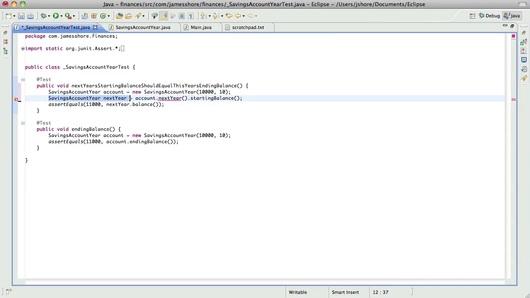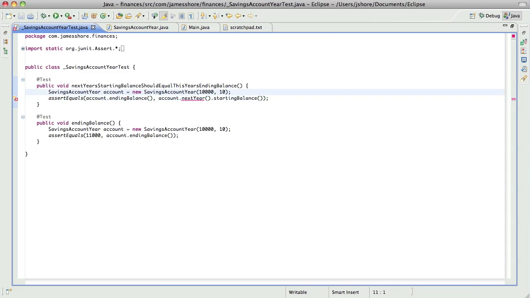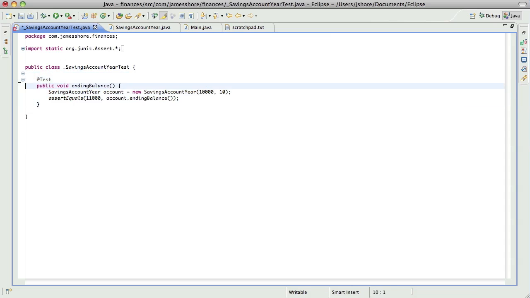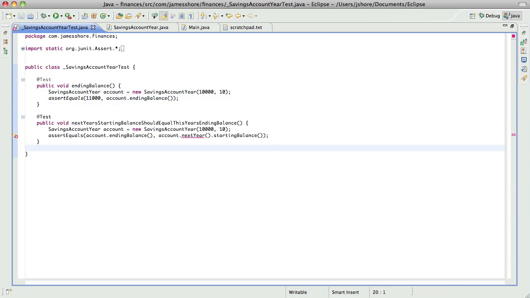And we're going to want to assert that this year's ending balance is equal to next year's starting balance. That reads pretty nicely. And let's move this down here because I think it makes more sense there.